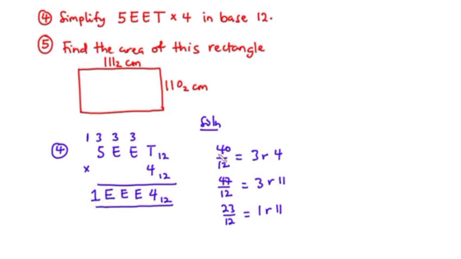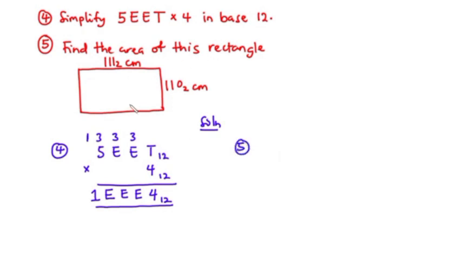Now let's move on to example 5. For example 5, we are going to find the area of this rectangle. We have the length to be 111 in base 2 centimeters, and the breadth to be 110 base 2 centimeters.